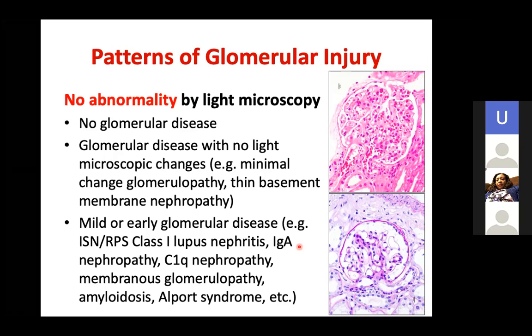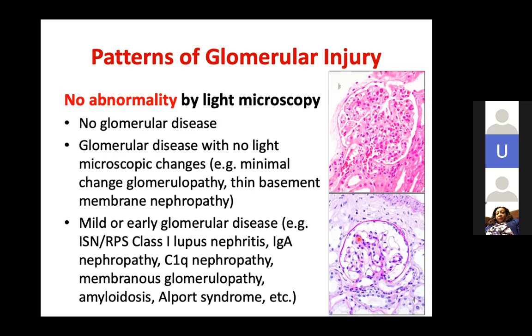Fine. So when we examine a kidney biopsy, we first look at what the pathology is like, what the pattern of injury is. The first pattern is that you are seeing an absolutely normal glomerulus. We saw these pictures earlier also. So this is a normal glomerulus.